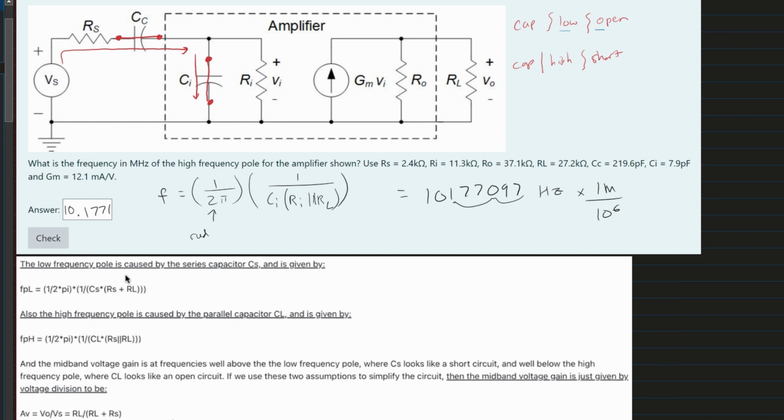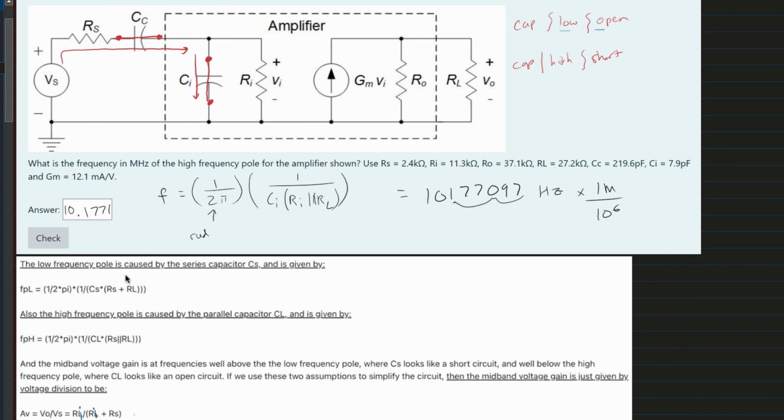Now the midband voltage gain is going to be slightly different. For the midband voltage, we have our Vout over Vs, which is going to be just H of S. Then we have our RL, which is really going to be our RI in this problem because it's the resistor that our output voltage is over, divided by RI plus our RS, which is the source. We're not done here though, because we need to look at everything to the right of this.